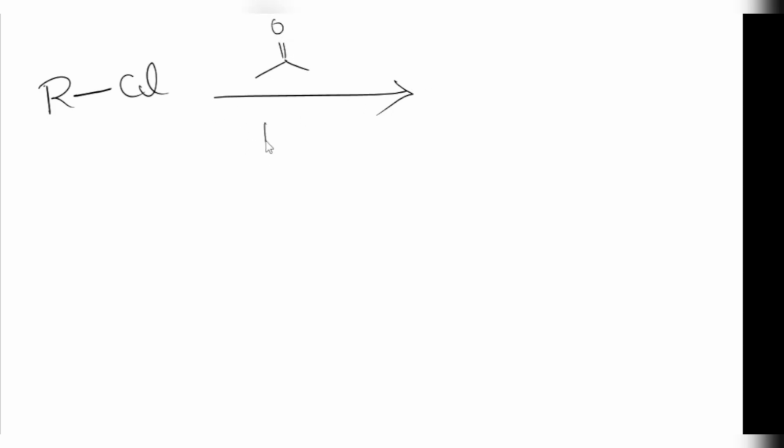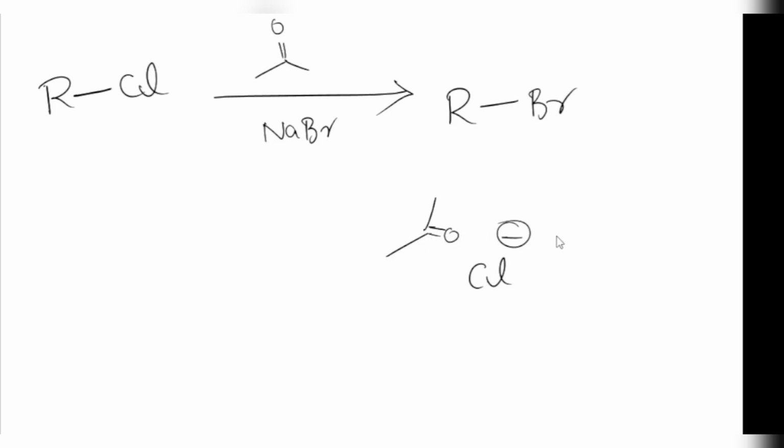Suppose here I will add NaBr, then what will happen? It is a precipitation reaction. Here R and Br is there. Whatever the Cl is there, it will precipitate, like chloride it will leave, and acetone molecules will solvate this. This is a Finkelstein reaction.